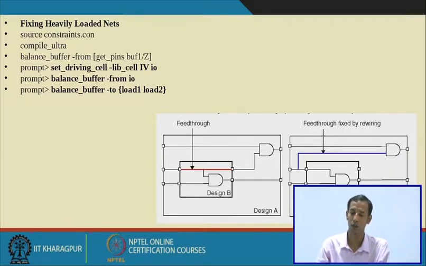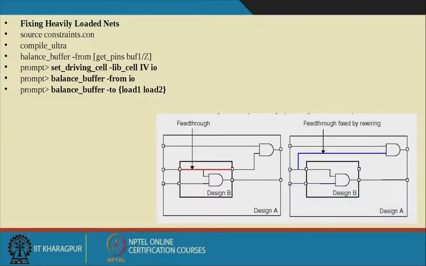So this is basically dependent, that means the same net is connected once to design B, and then it is connected to the other, design A. So this is a feed through path.